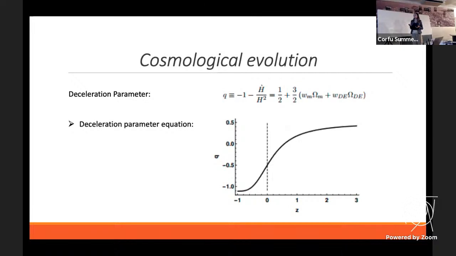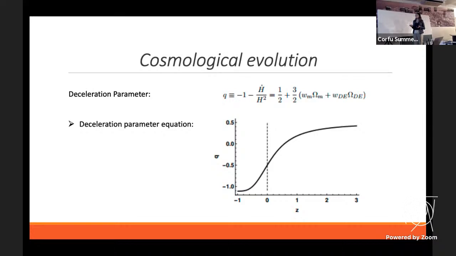And here, let's talk about the acceleration parameter in terms of redshift Z. At the present time, q is equal to -0.5, in agreement with observational data.